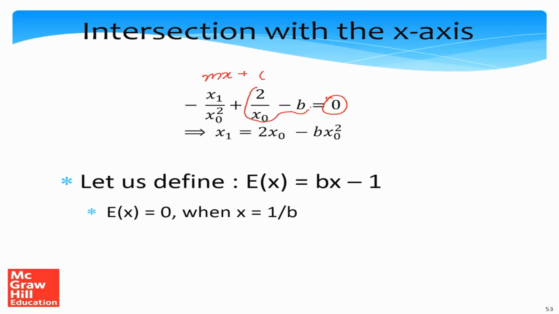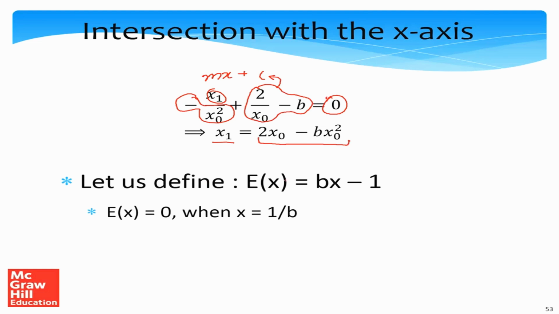Since we have computed the values of c and m, the value of x where this intersects the x-axis is x1. If we solve this equation, we'll find that x1 is equal to 2x0 - b·x0².